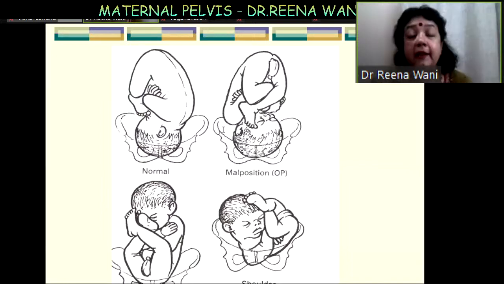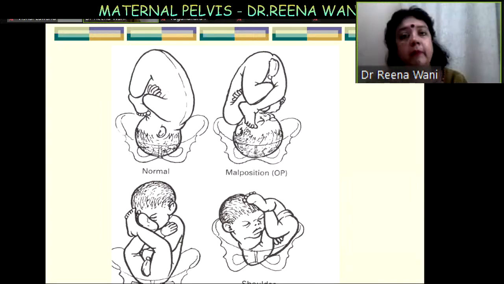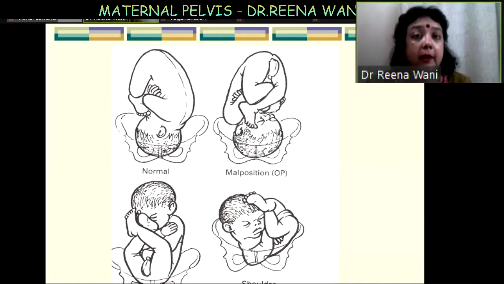In fact, as I told you, right oblique diameter is not obstructed by the sigmoid colon, which is a soft tissue obstruction. So although right and left oblique diameters are the same, malposition or malpresentation, which comes in the right oblique diameter, are more common. So the right occiput posterior is 5 times more common than the left occiput posterior because of the presence of the sigmoid on one side.